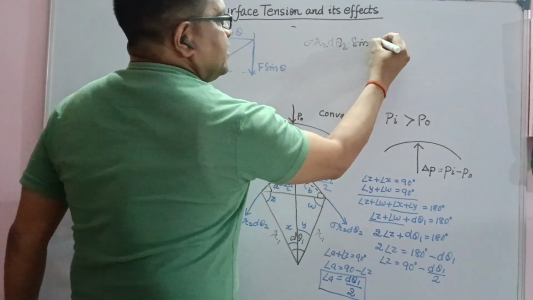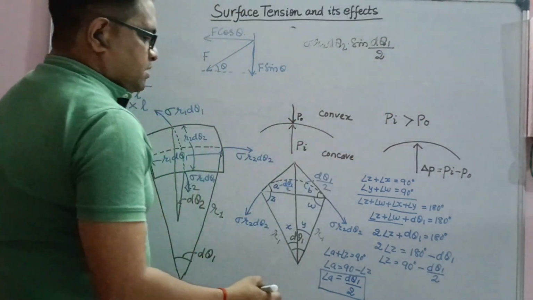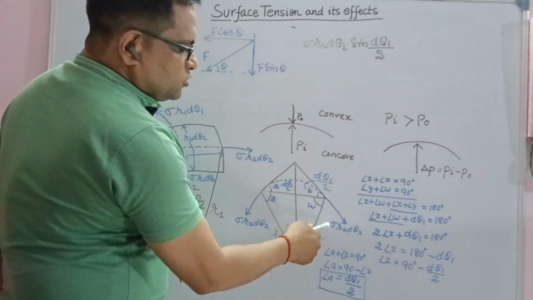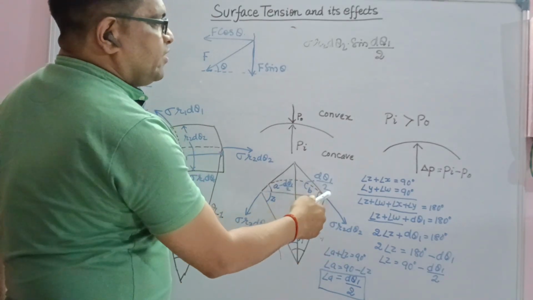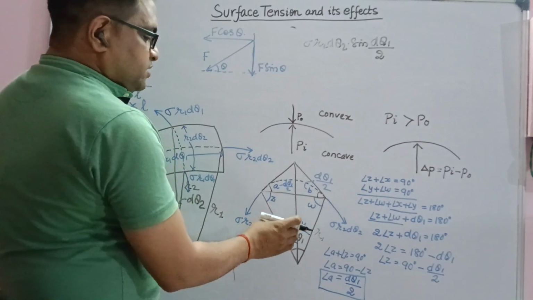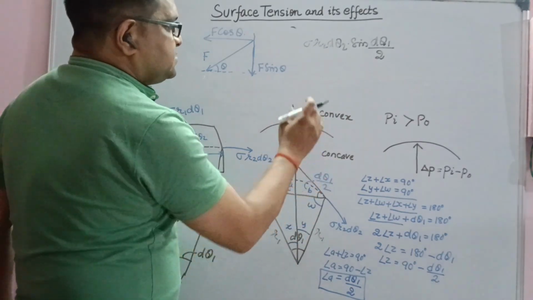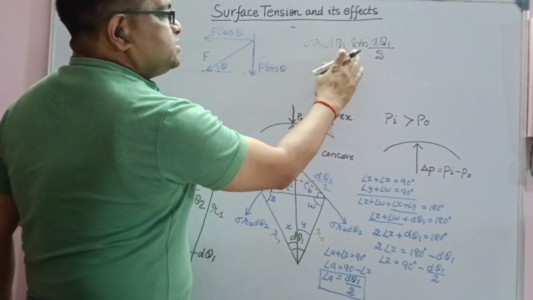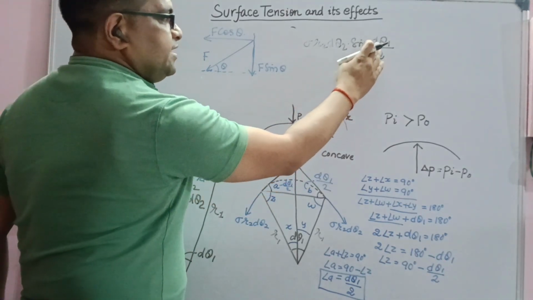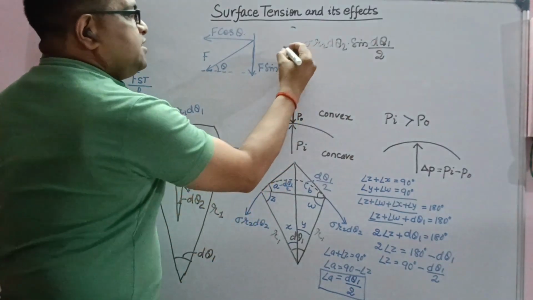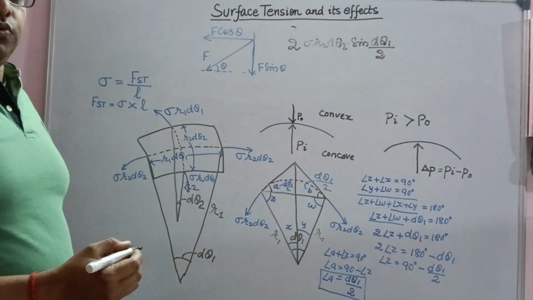sine of d theta 1 upon 2. Similarly, for this force also we will have the same sigma R2 d theta 2 sine of d theta 1 by 2. So overall, the force in the perpendicular direction can be written as sigma R2 d theta 2 sine d theta 1 by 2 plus sigma R2 d theta 2 sine d theta 1 by 2, which gives us 2 sigma R2 d theta 2 sine d theta 1 by 2.